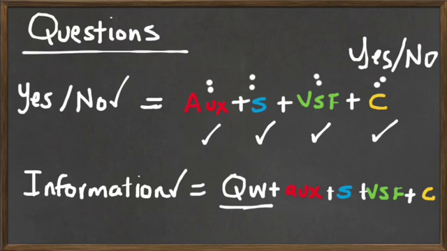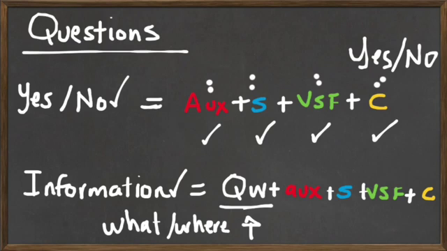If it's an information question, we have to introduce a question word. What question words are those? What, where, when, why, how, etc. And the formula goes like this: question word, auxiliary, subject, verb in simple form, complement.